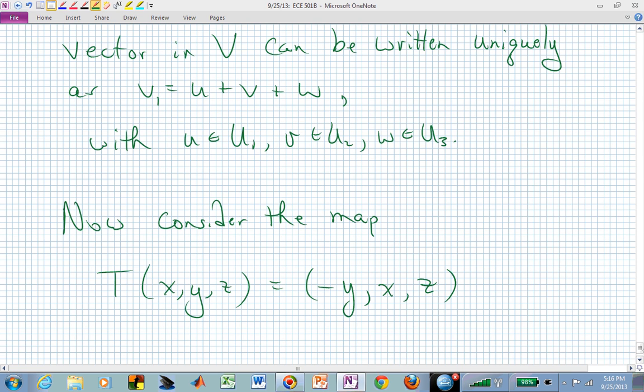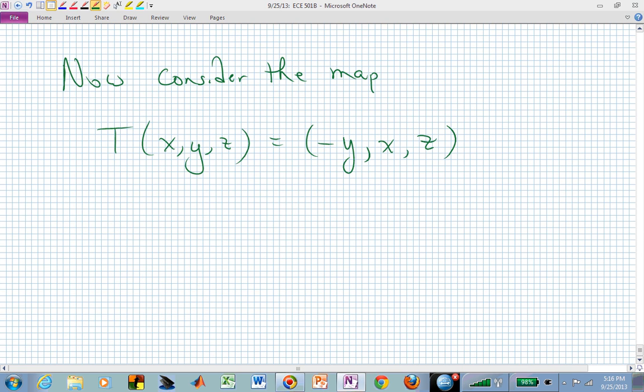That's a 90-degree rotation in the xy plane. What happens if we say T restricted to U1? Suppose we operate on something on the x-axis with this linear map.